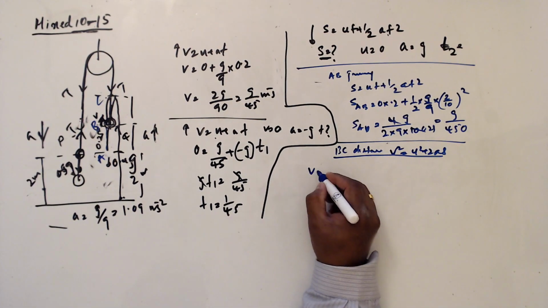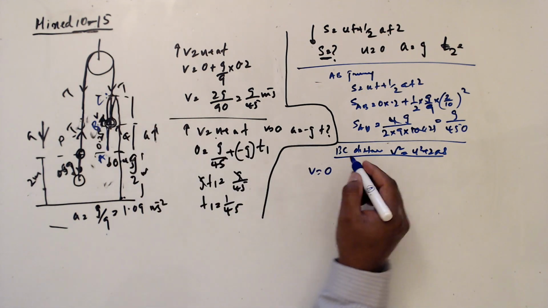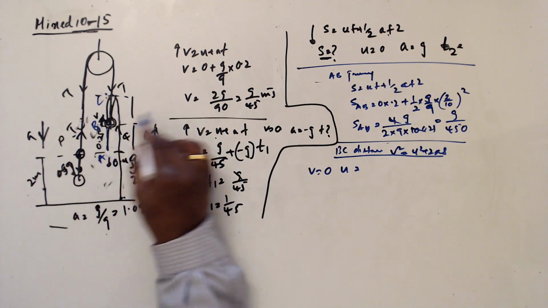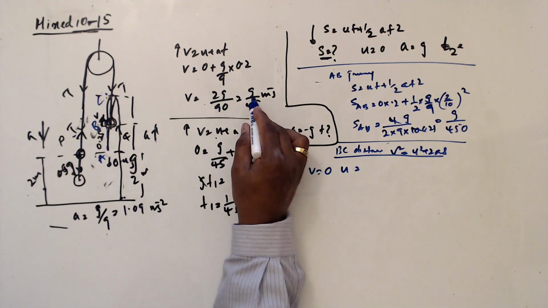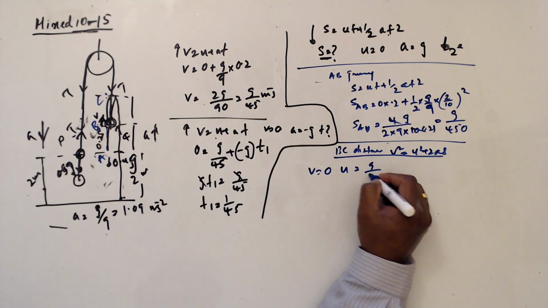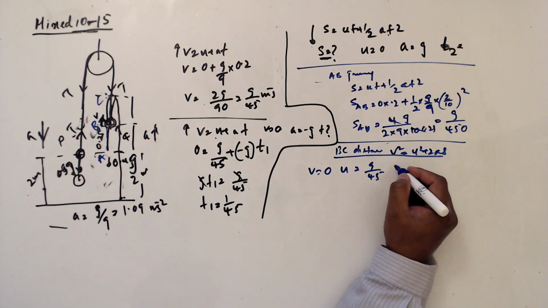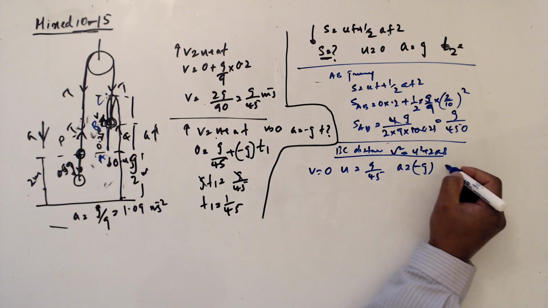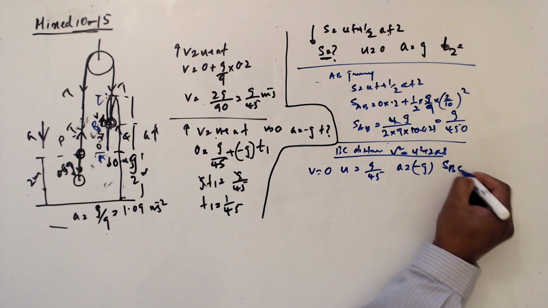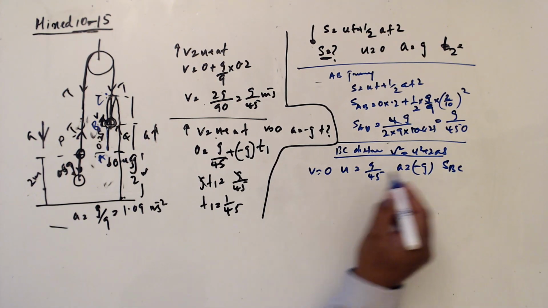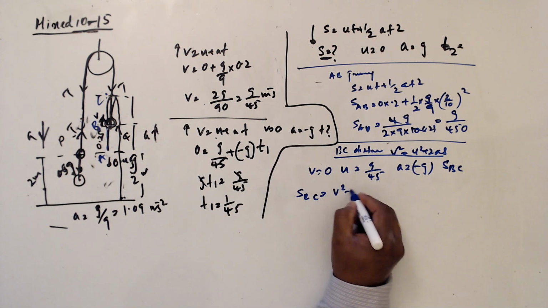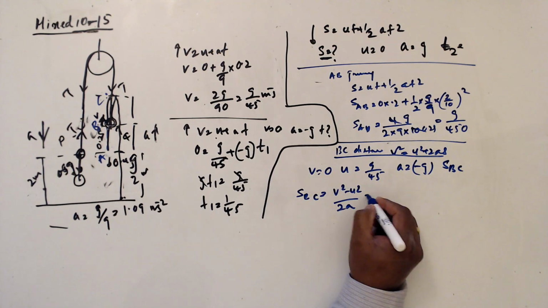So v is 0 at the top. u, we found out at the end of this one, so this is g over 45. And a is minus g, the acceleration. So S_BC equals v squared minus u squared divided by 2a.